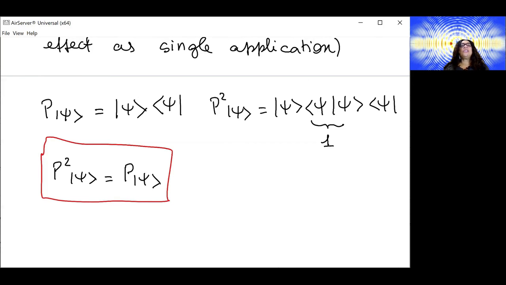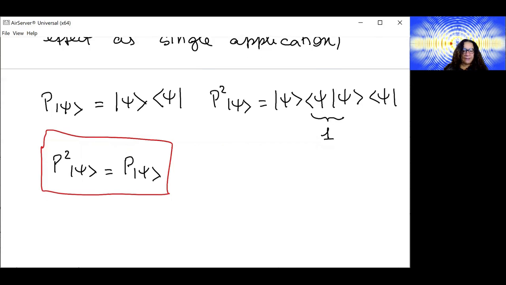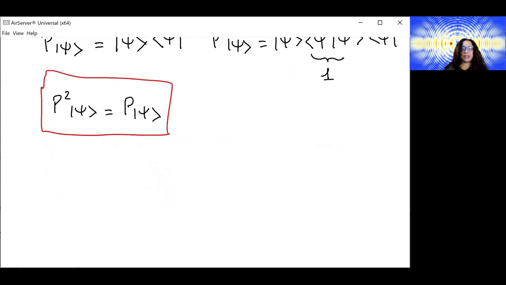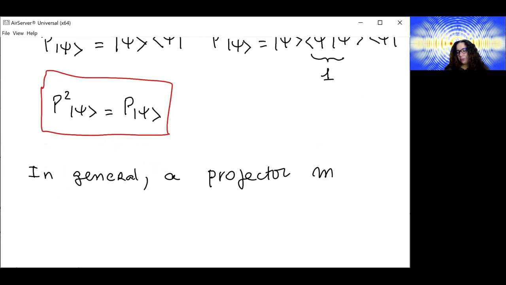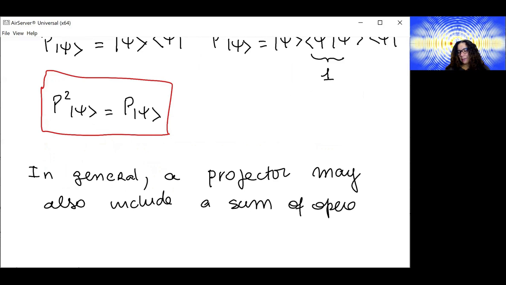Now, this was a very simple example of a projector, but in general, a projector may also include a sum of operators.